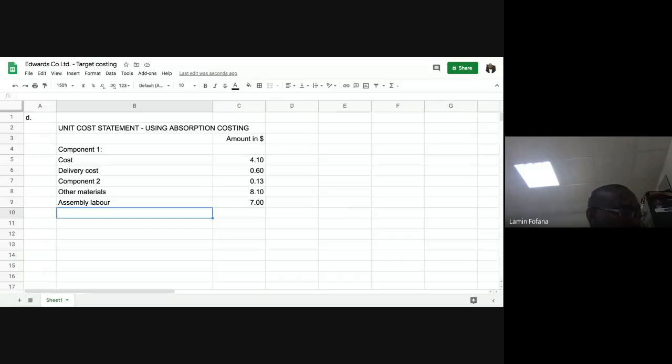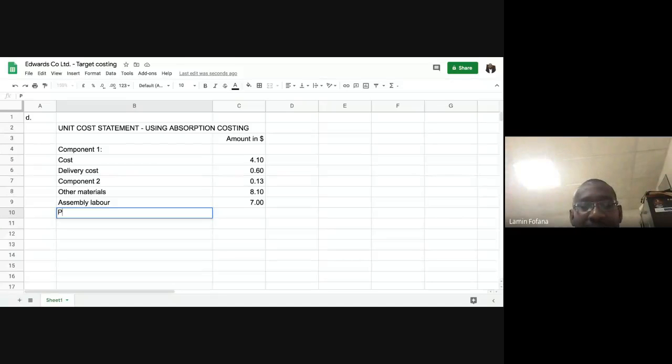The last bit is what? We've already got our prime cost, because according to the information provided, we have all the prime cost elements. So the next part is the overheads. So let's calculate our prime cost. What formula do we put here?